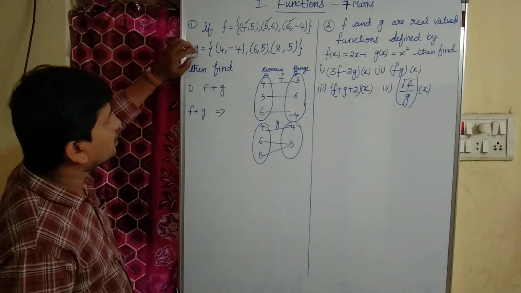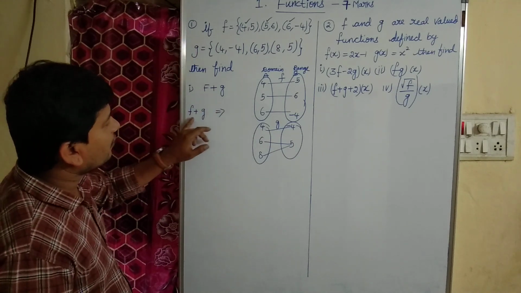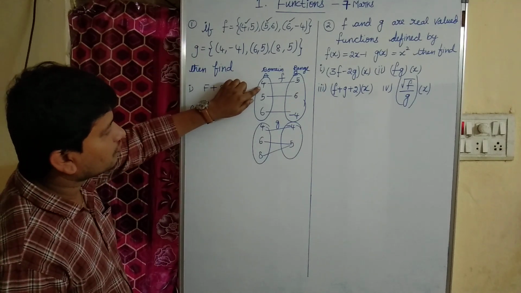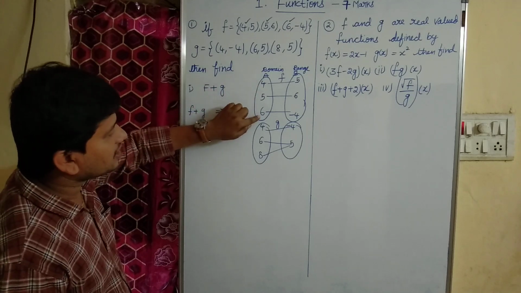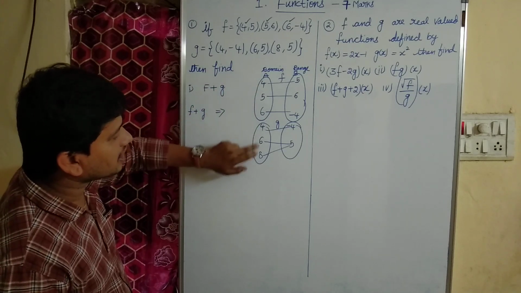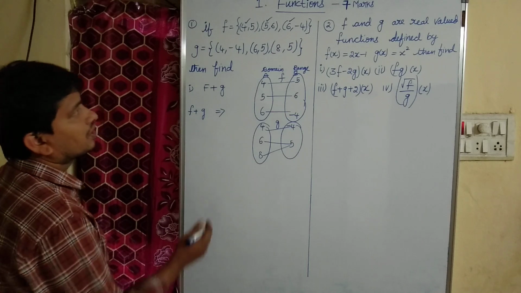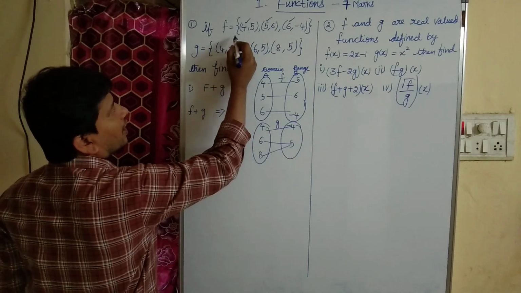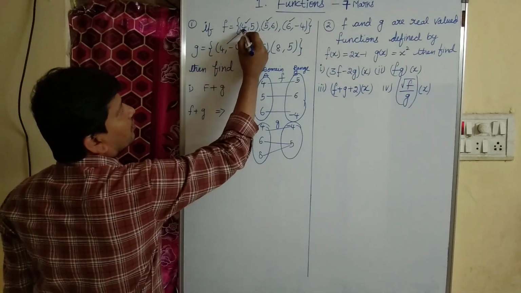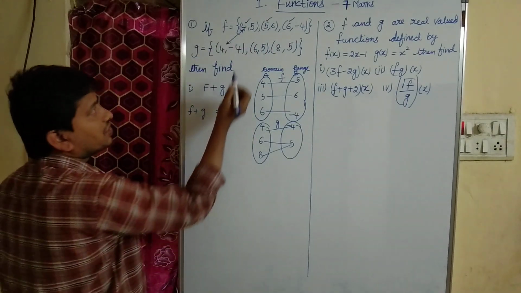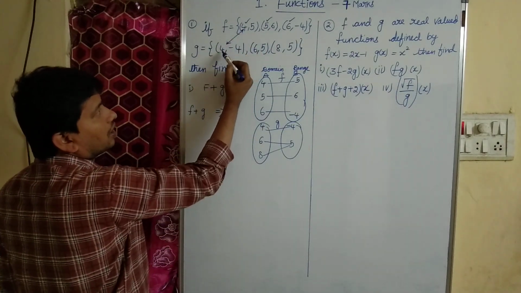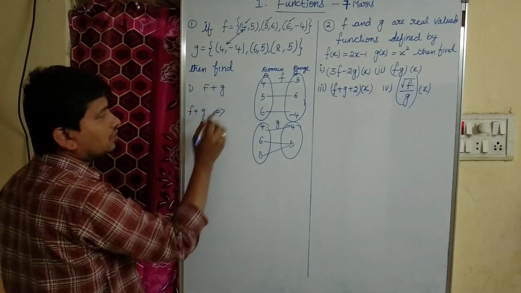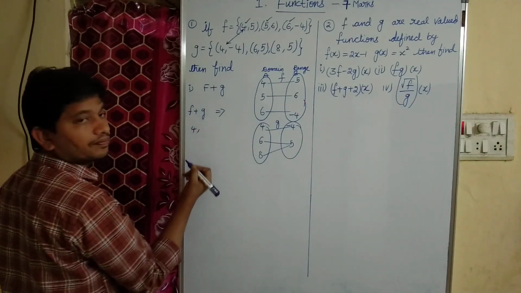Suppose if you observe here, in f the domain is 4, 5, 6 and in g the domain is 4, 6, 8. When we are adding f and g, first you check out domain. Here 4, here also 4. Then what to do? As it is, you have to put 4.